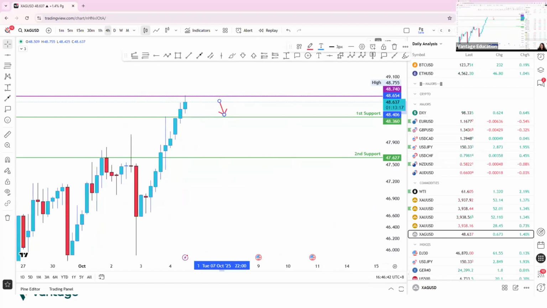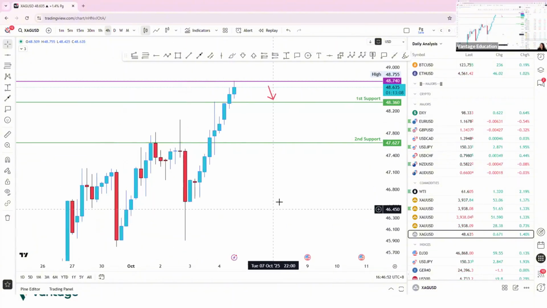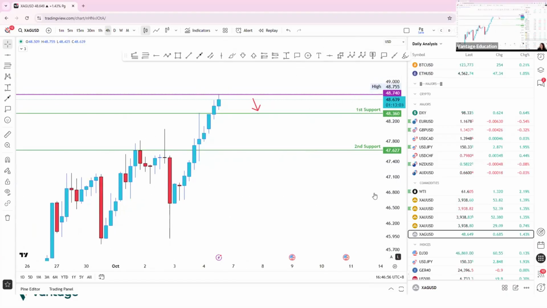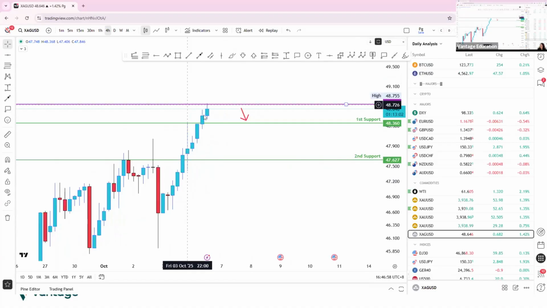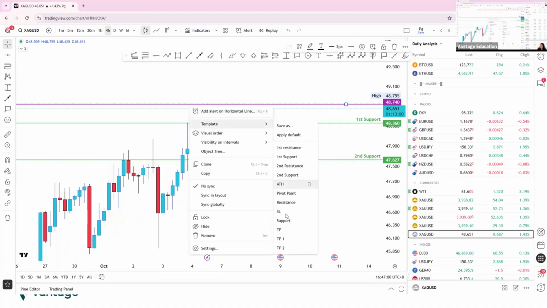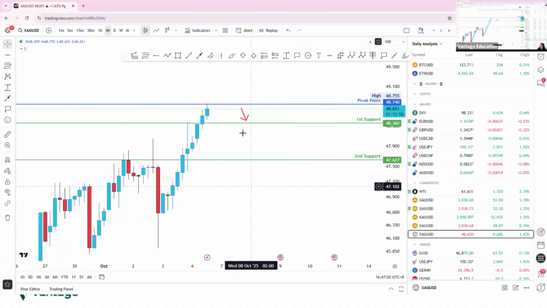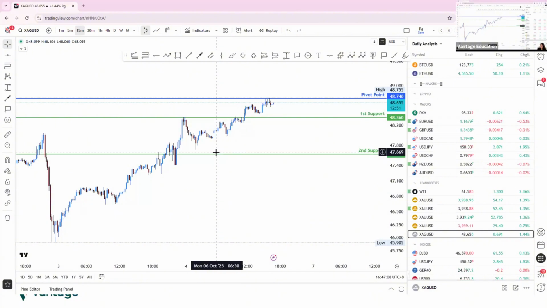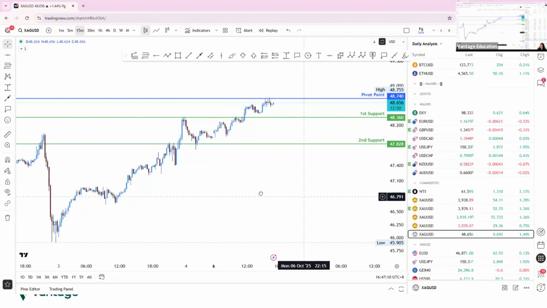Okay. Gold has already hit TP1. Silver, if you sell it, it was a sell entry here. You can aim here for TP1 for the M15 and TP2 is here.